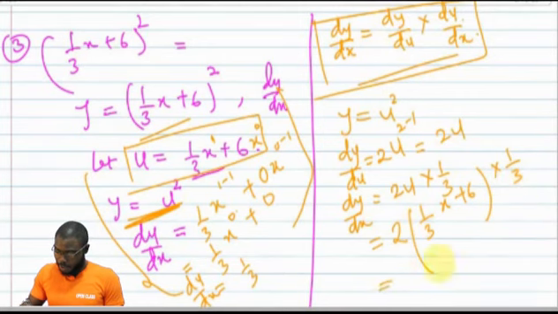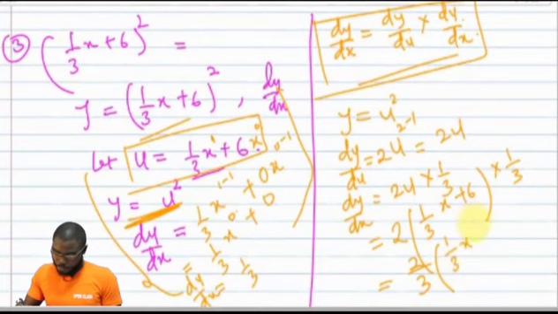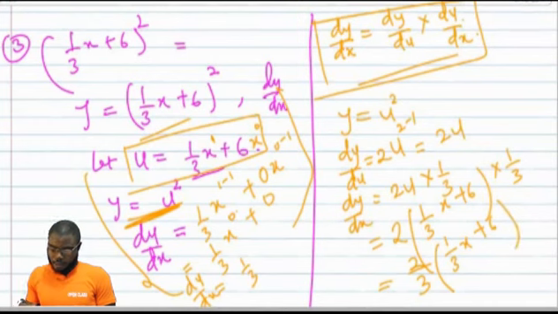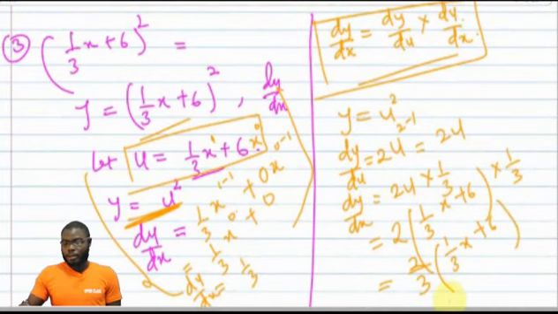Invariably, 2 times 1 over 3 gives 2 over 3, into 1 over 3x plus 6. That's what we've got: 2 over 3 into 1 over 3x plus 6.